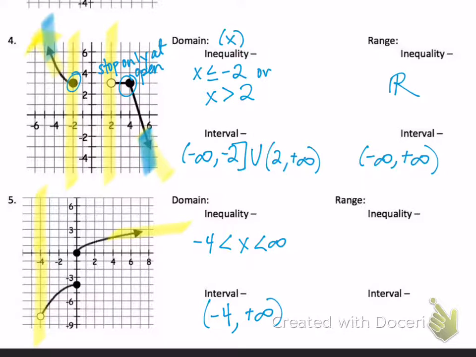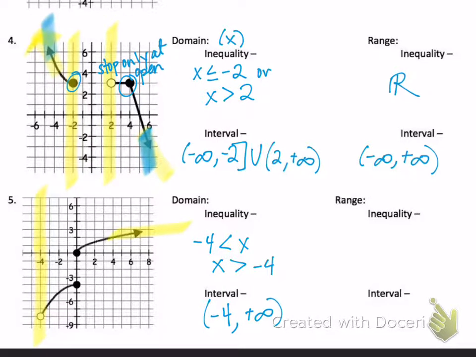But you don't really need the infinity, so I'm going to erase that because you don't need infinity in inequality notation. And then if you wanted to put your x first, you just kind of flip it like you're flipping a pancake, so it would look like x is greater than -4. But I'm not going to be picky about that. If you want to put the number first, that's fine.